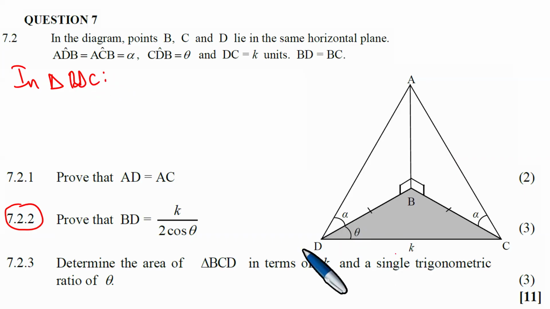Right, so you already know that this one is theta, but since this side is equal to this, this is also theta, and these are base angles of the isosceles triangle. So now we're going to work in that triangle. So this one is going to be 180 degrees minus 2 theta.